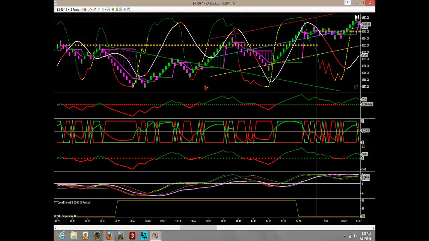Now here's a screenshot of the 2 Renko ES, and here's the CycleFinder right here, and you can see that for a good bit of the time the dominant cycle length is 20. For a short period of time it goes up to 22 right in here.